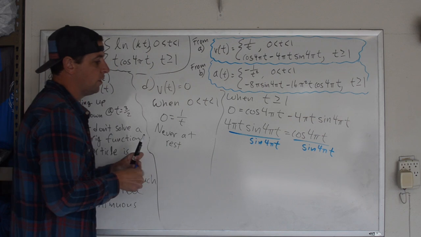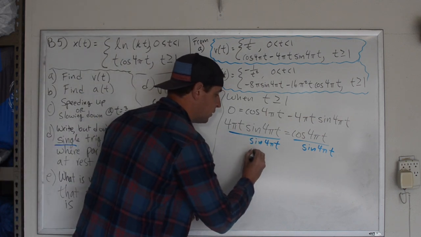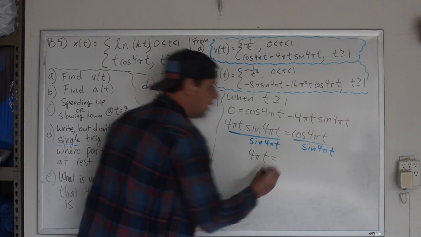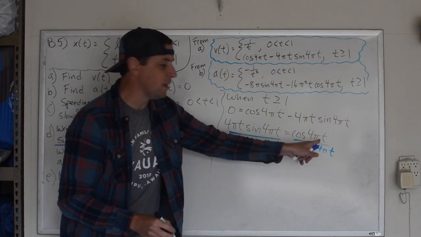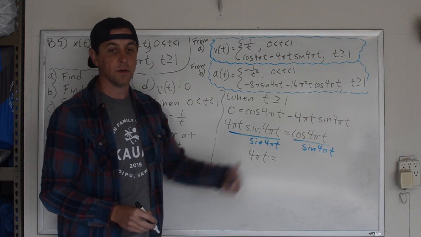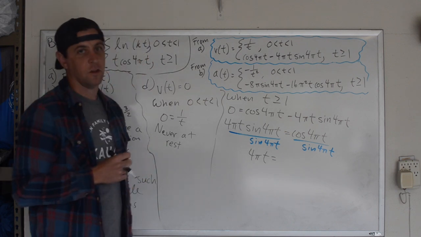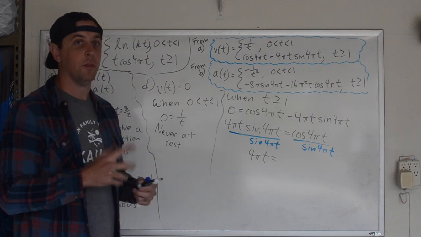then notice on the left side here, these will divide out and I have just 4 pi t left over. And on the right side, because these angles are exactly the same, then we can think of a function that relates cosine over sine. If you go back to our trigonometry days, I know your pre-calculus teacher was just amazing and wonderful and really good looking.